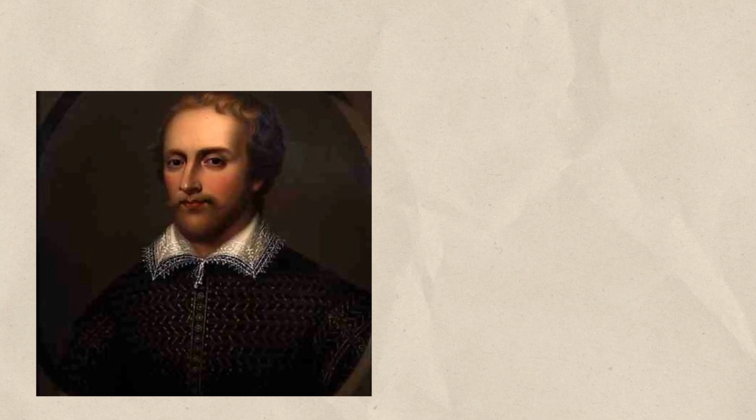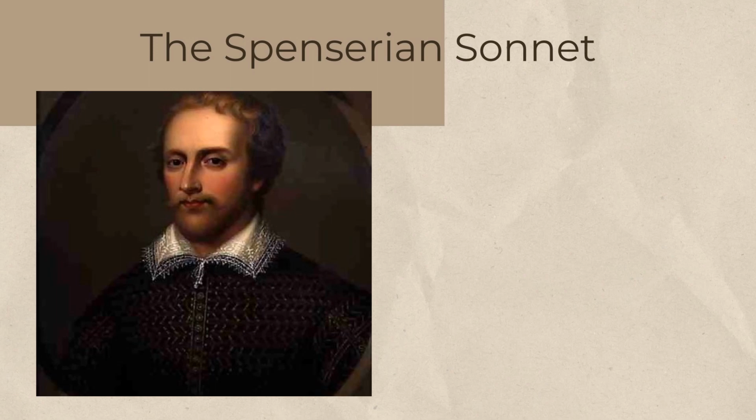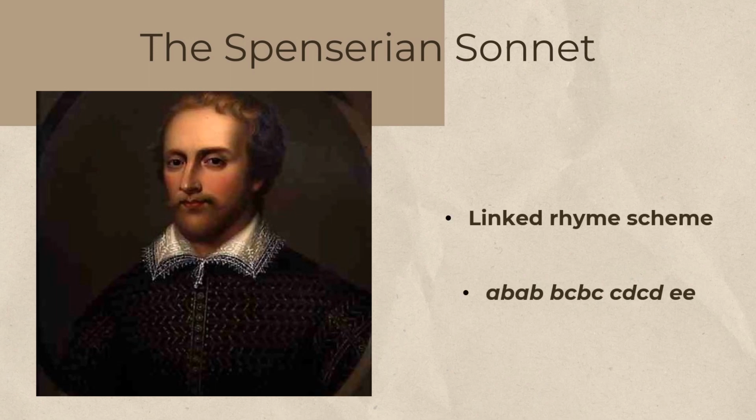Third major type of the sonnet is the Spenserian sonnet. The Spenserian sonnet is structurally very similar to the English sonnet, but what makes it different is the rhyme scheme. The Spenserian sonnet had a rhyme scheme that linked one quatrain to the other.